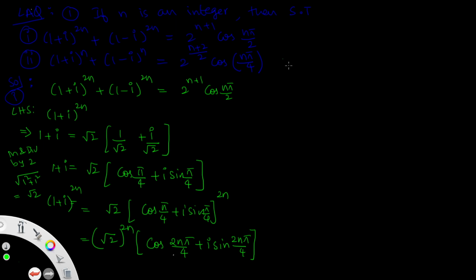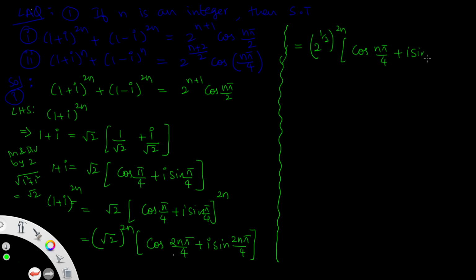This is nothing but 2 power n into cos n pi by 2... so the simplified form is 2 power n into cos n pi by 4 plus i sin n pi by 4. This is for the first expression.